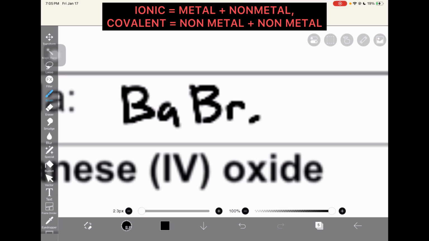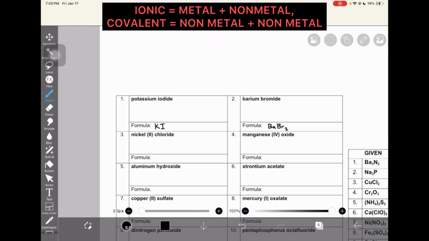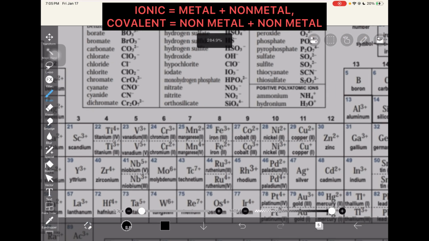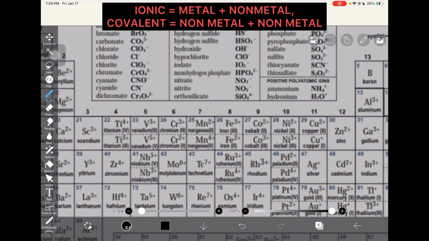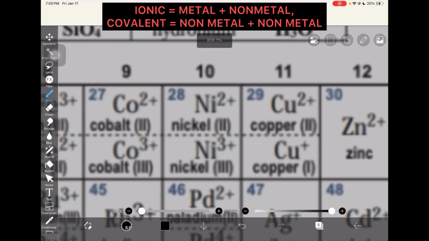Something like this. Alright, now it gets to the tricky part for numbers 3 and 4. Nickel(II) chloride. Some of the transition metals unfortunately have more than one charge, and as you can see, it has nickel(II).